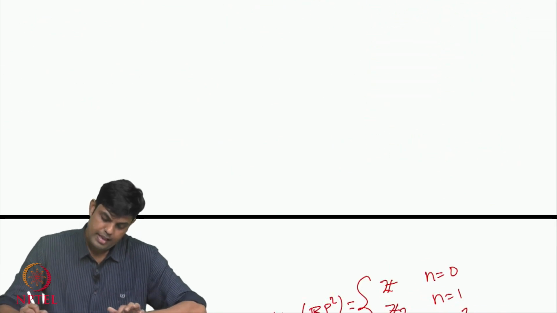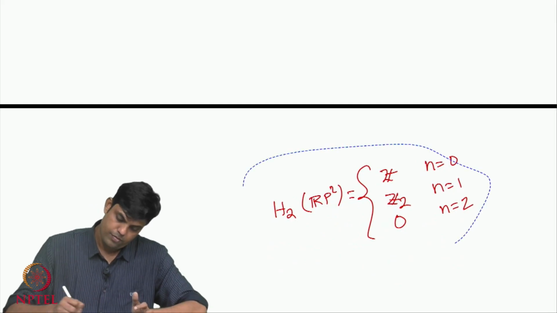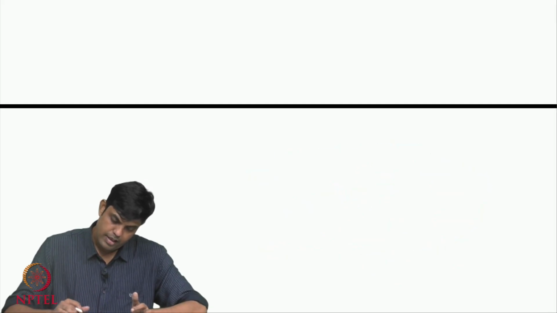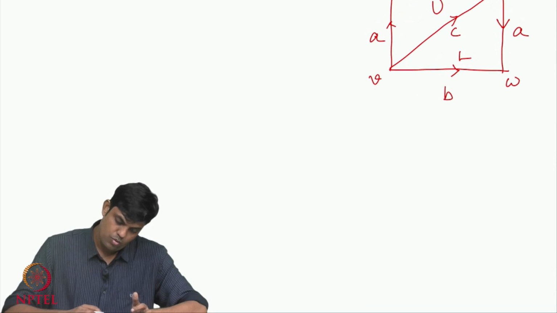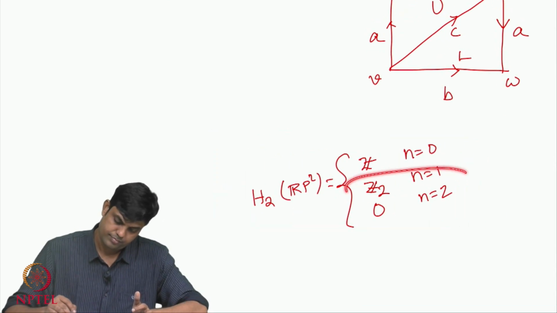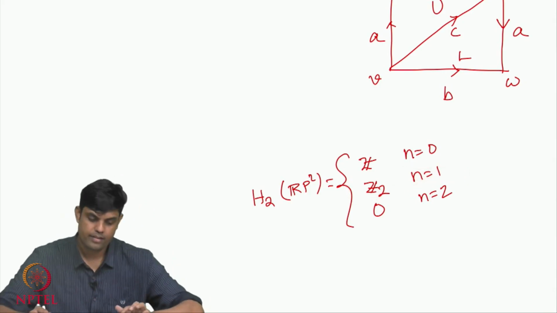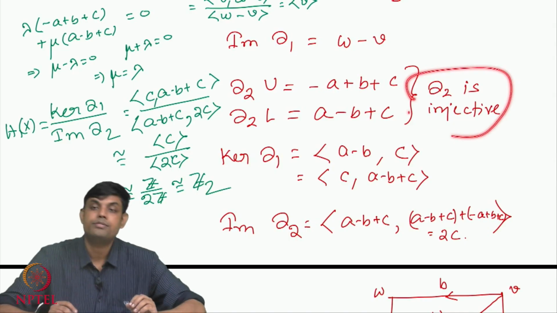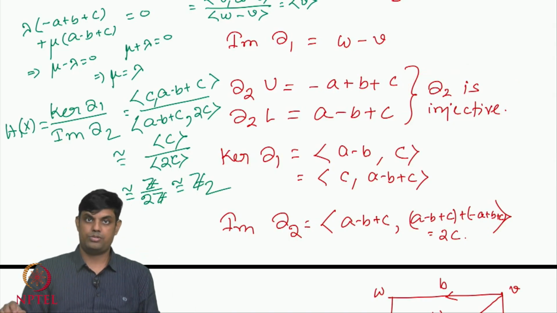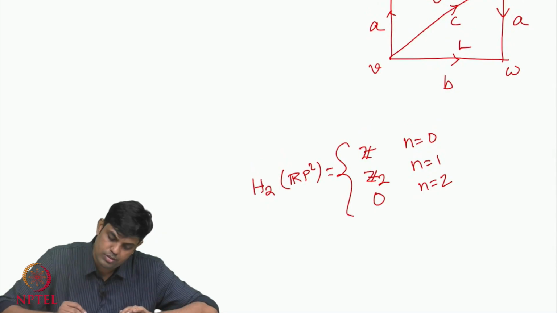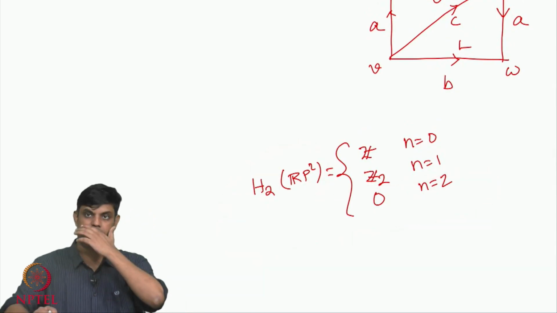So in particular, H1 of RP2 is isomorphic to Z2. Okay. And now, delta 2 is injective, therefore the kernel of delta 2 is automatically 0, therefore H2 is automatically 0. So H2 of RP2 is 0.